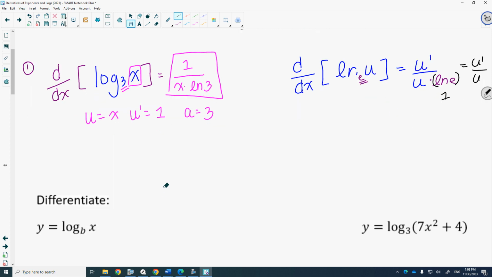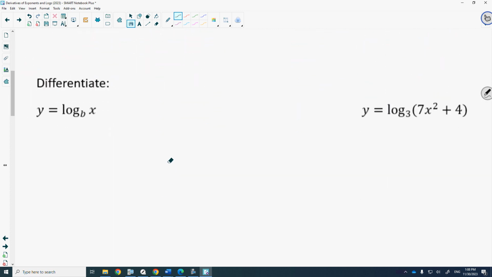So let's look at some examples of this. Differentiate log base b of x. Again, let's identify u is equal to x. u prime is the derivative of x, which is 1, and a is the base of my log, which is b.